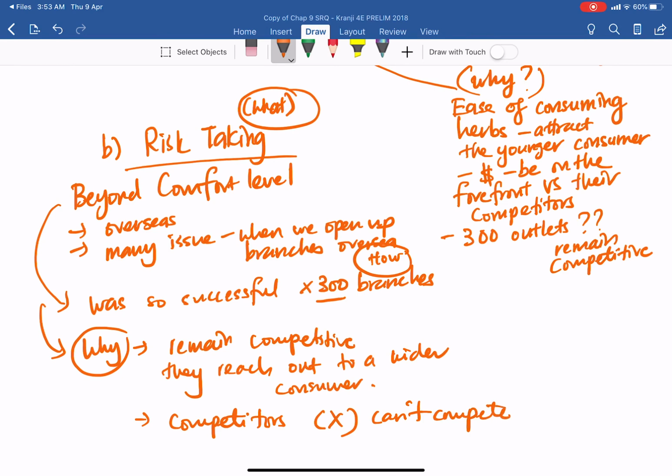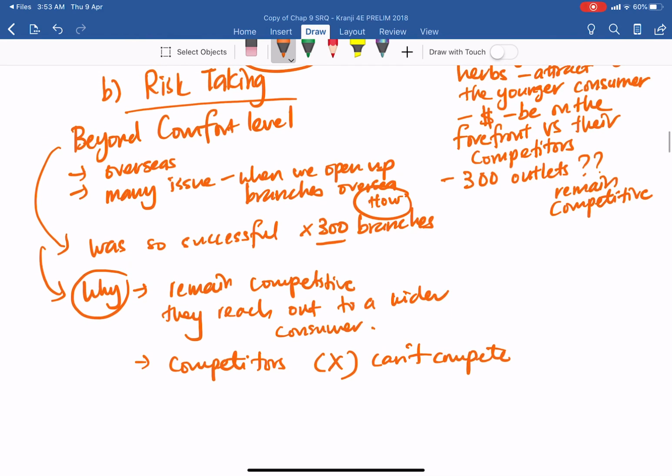And that is the reason why this particular TCM is known worldwide. Okay, it has built itself a reputation. And when you build yourself a reputation, I think it only gets better. Okay? So this is the way you can frame your answers for SRQ.